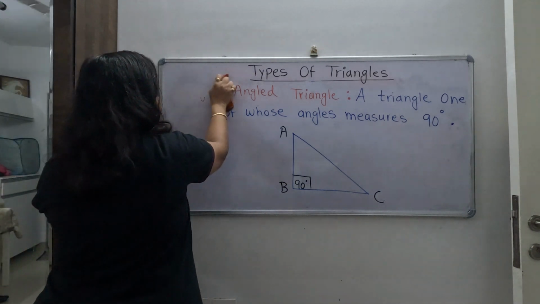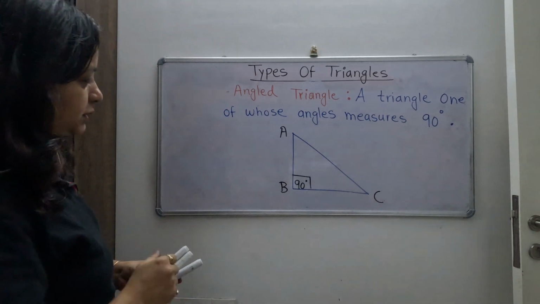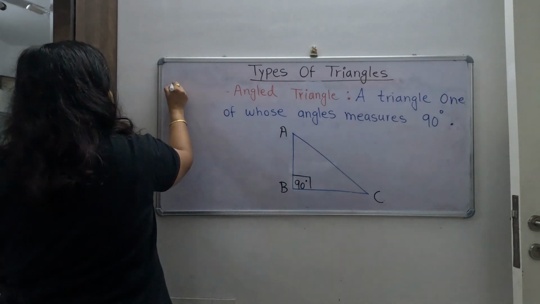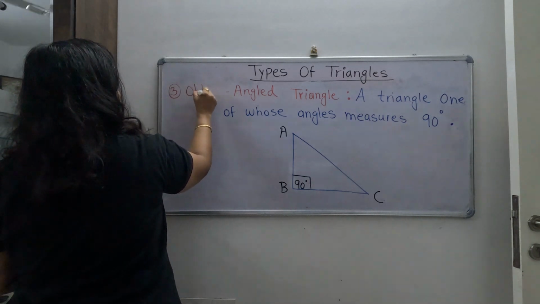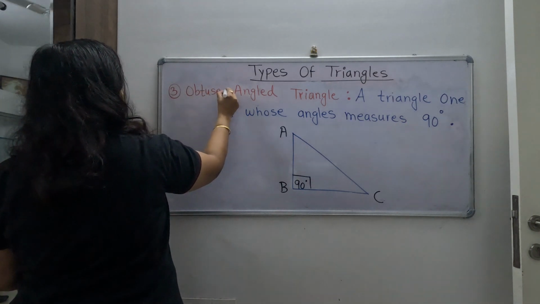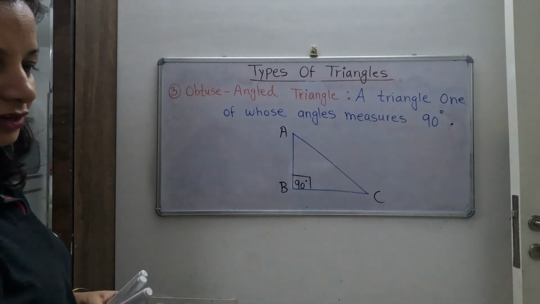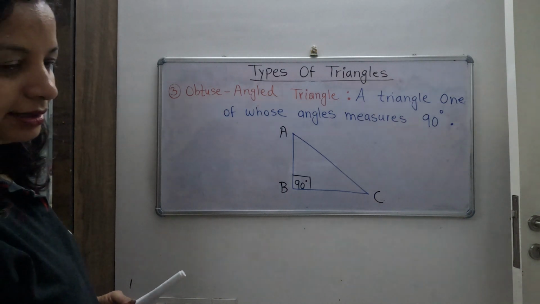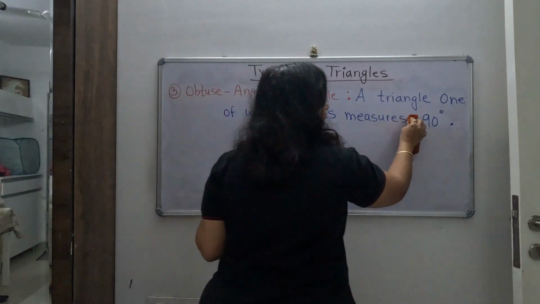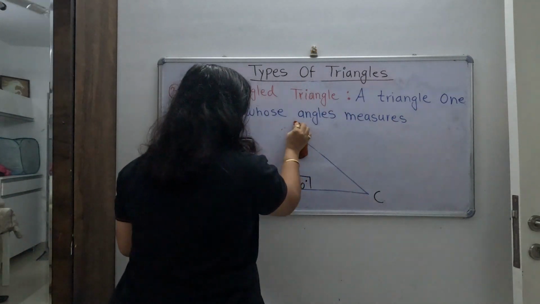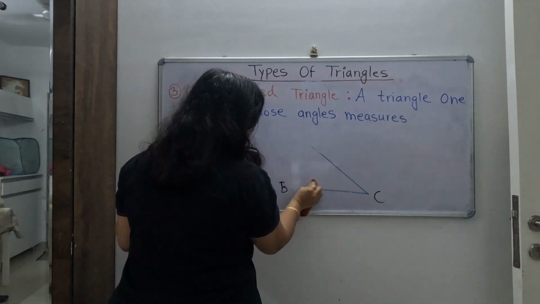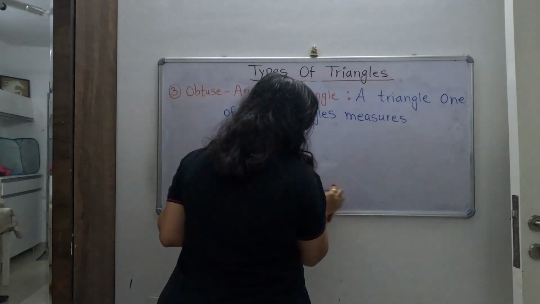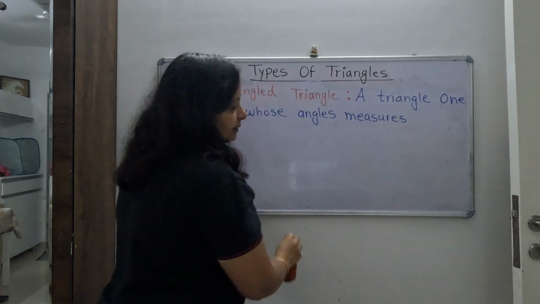Now the third is the obtuse angle triangle. An obtuse angle triangle is a triangle in which one of the angles measures more than 90 degree. Only one angle more than 90 degree.